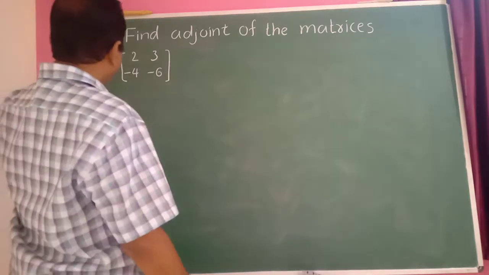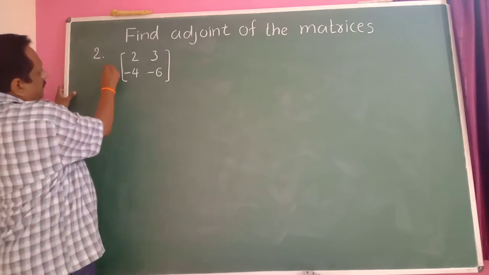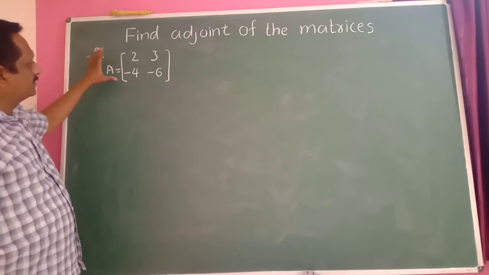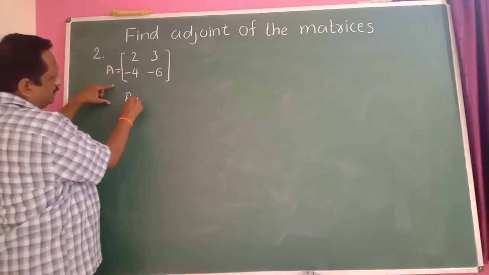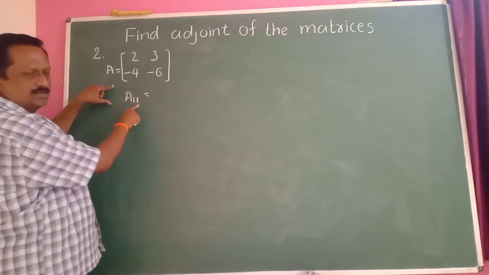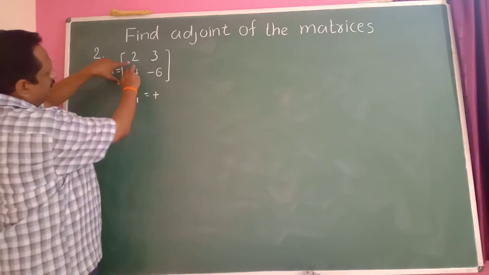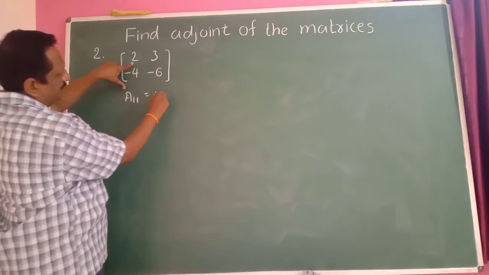So this is the second example here. Take A as the given matrix here. Find the cofactor of each element. Therefore, A11 is equal to 1 plus 1 is 2, an even number. Take a plus sign. Then deleting the first row, first column, the remaining here is minus of 6.